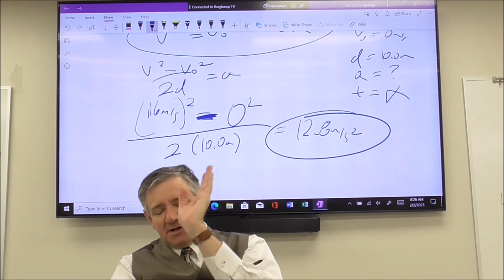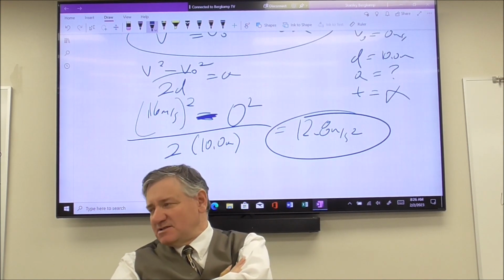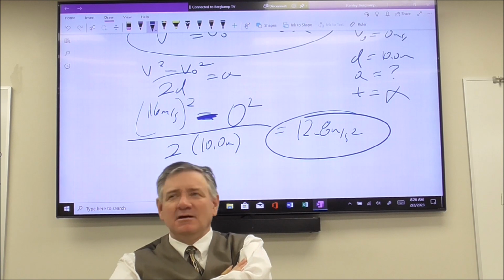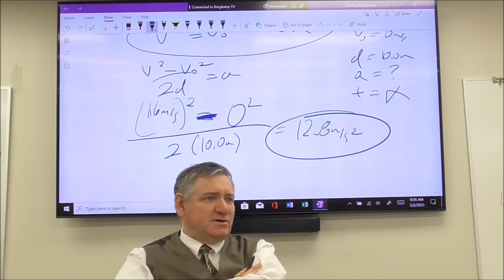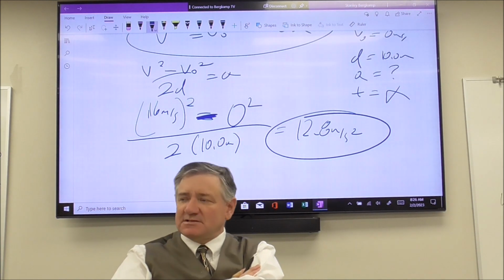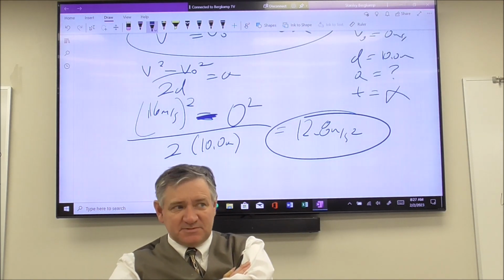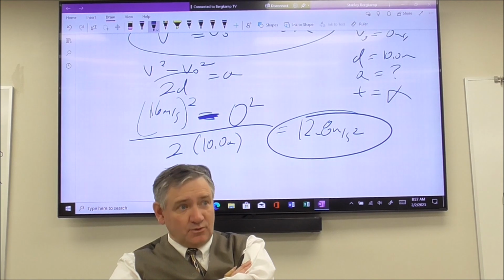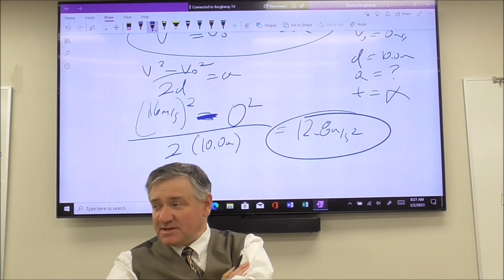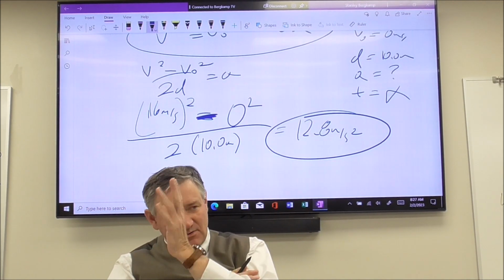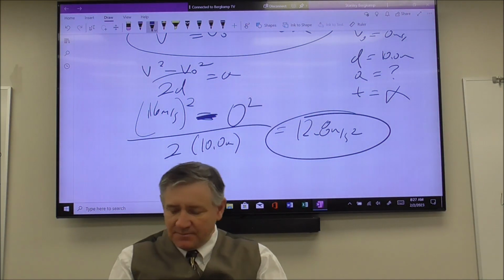But I just made up the numbers. Realistically, accelerations on cars are typically around 4 to 8 meters per second squared. If you ever get an acceleration of a car like 30 or 40 meters per second squared, you have done something horribly wrong. Typically accelerations of cars are around that 4 to 8 range.